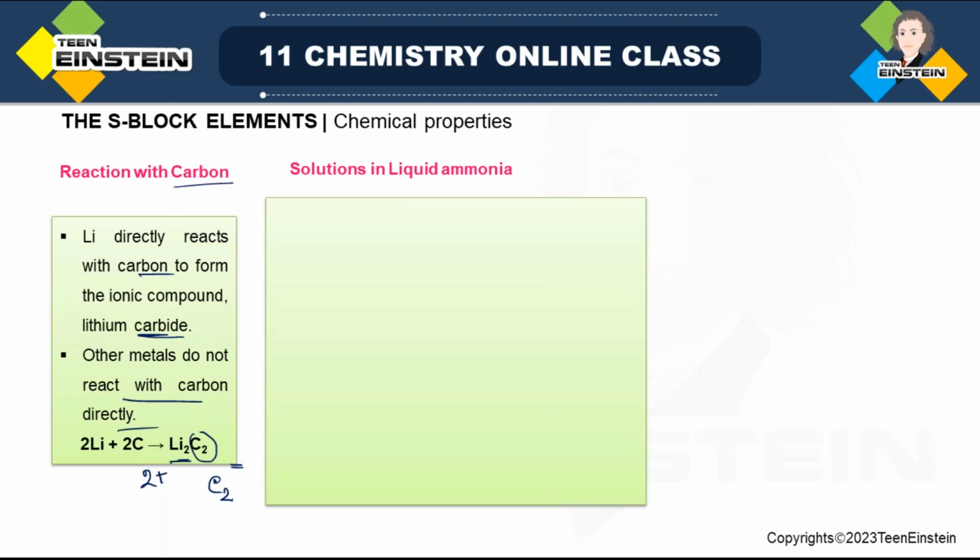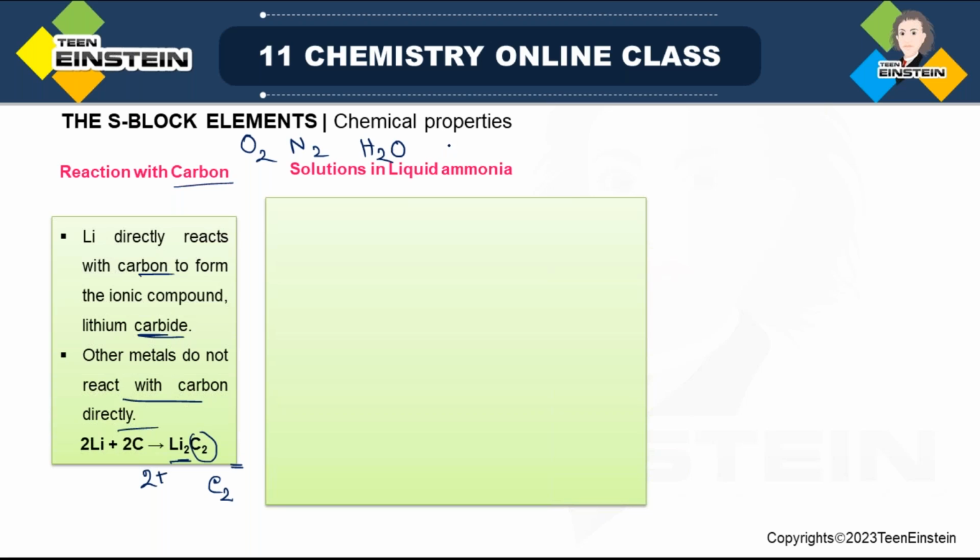Now this is very important, this is very unique behavior, because as we proceed through this chapter and also the p block elements, the next chapter, you will see that mostly when we discuss chemical properties of any particular group, whether it is p block groups or s block, there are some common reagents fixed, that is O2, nitrogen, water.